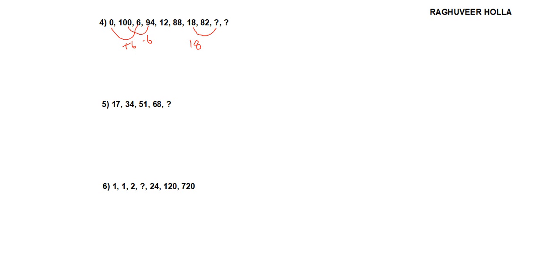So I have to add this, so that is 18 plus 6, so I get 24, and I need to deduct here, so 88 minus 6, so this would be 76. So the result is 24 and 76.